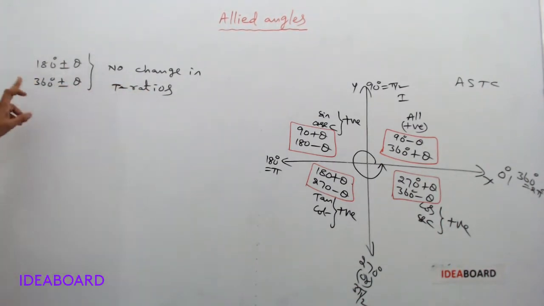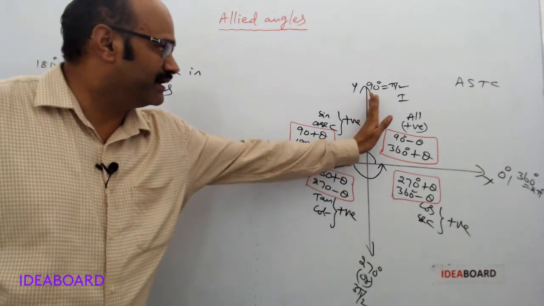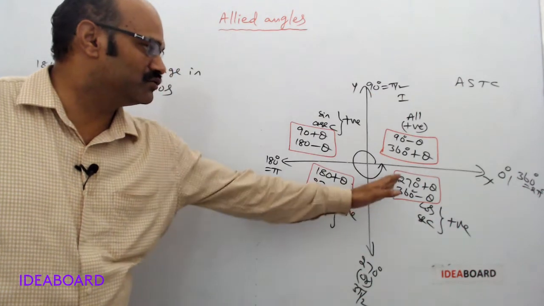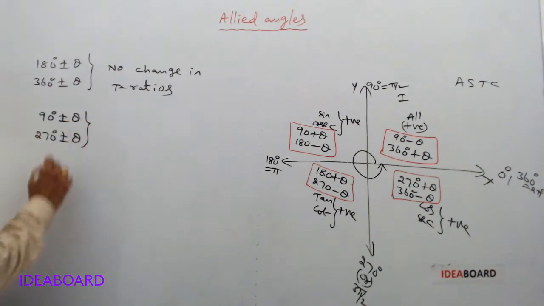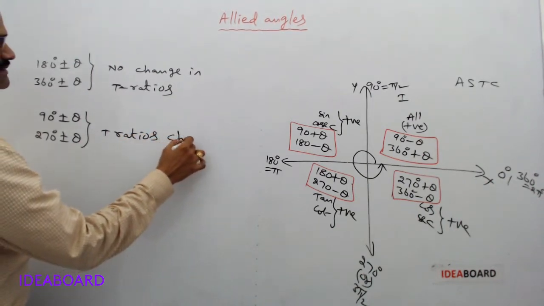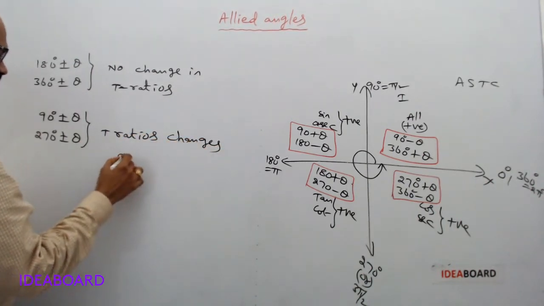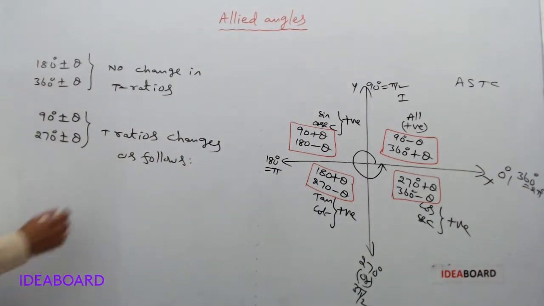Now for the angles 90 degrees plus or minus theta, 270 degrees plus or minus theta, the trigonometric ratios change as follows.